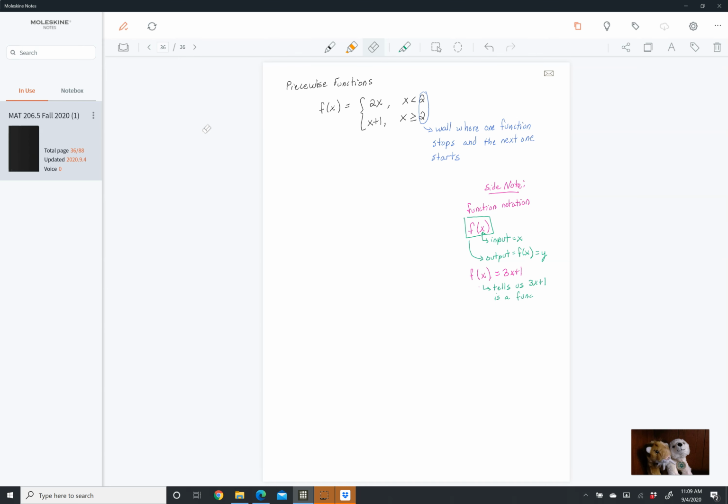Because not everything is a function. We know that all lines except for vertical lines are functions, but if you're given other stuff, you don't necessarily know that it's a function, okay? You have to think about it. Here, the f of x tells you don't think about it.